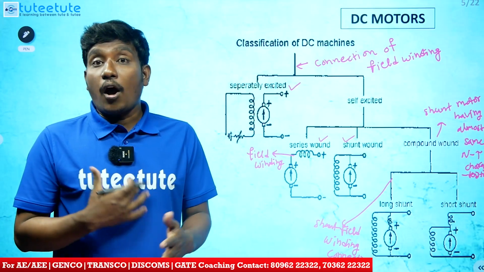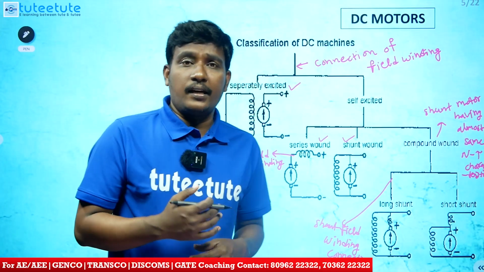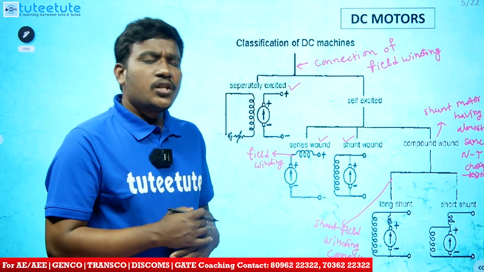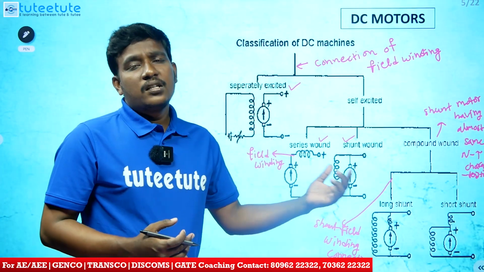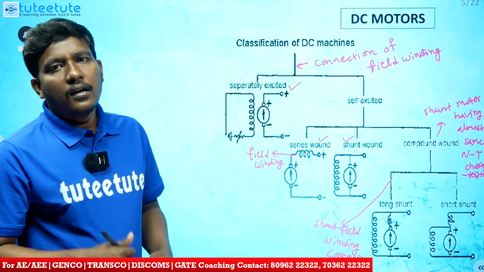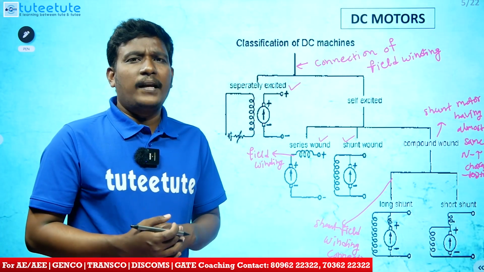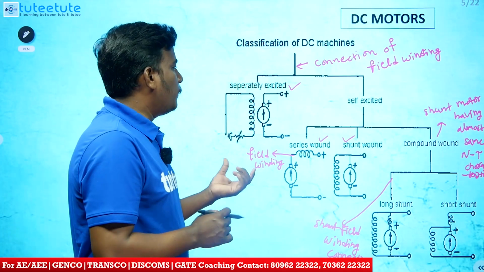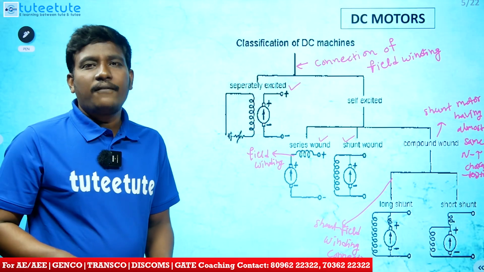But wherever high running torque is demanded by the loads, we go for compound motors. Normally we use shunt motors only. So for our simple discussion, we will consider separately excited, series and shunt motors, with different techniques for how we control the speed, how we apply braking, and how we start the DC drives. We will explain simply with the help of separately excited and series motors. Okay, this is about classification of DC motors.